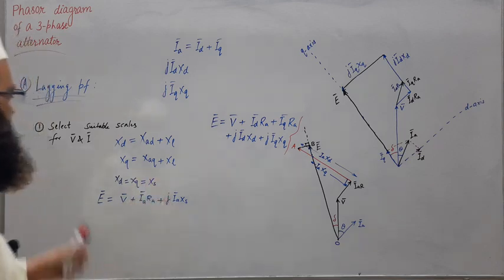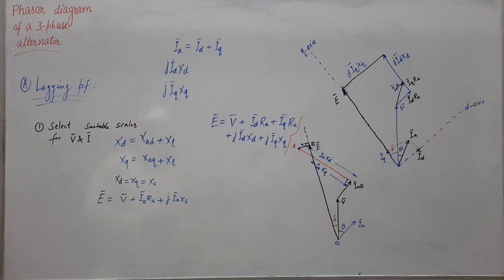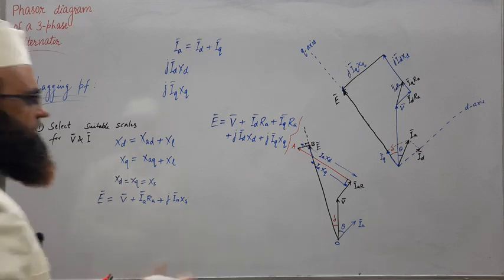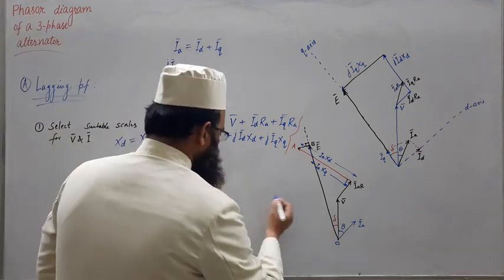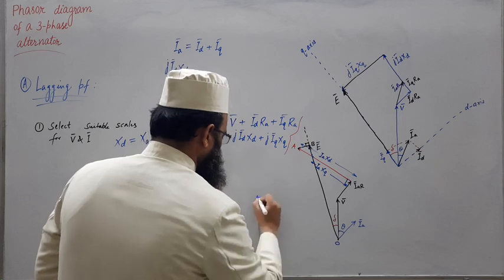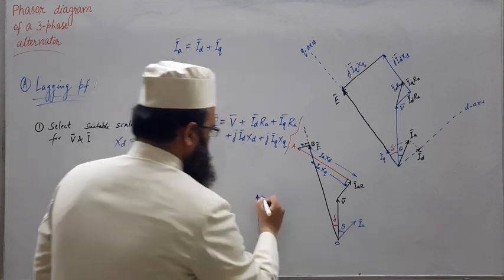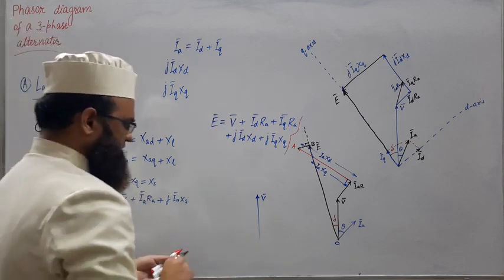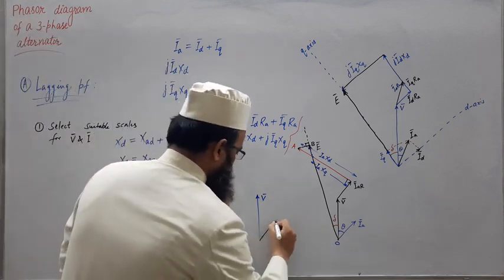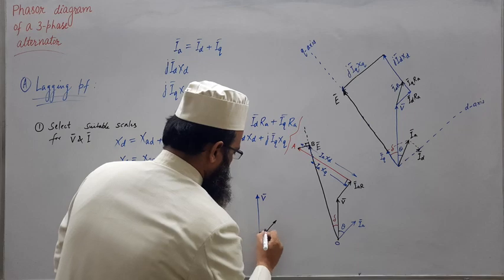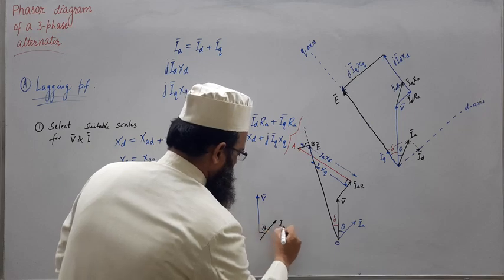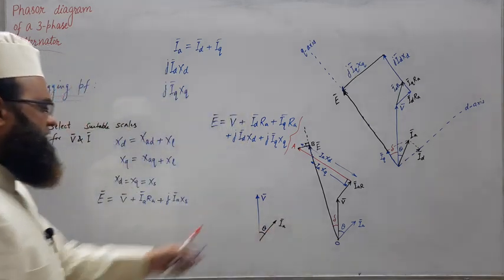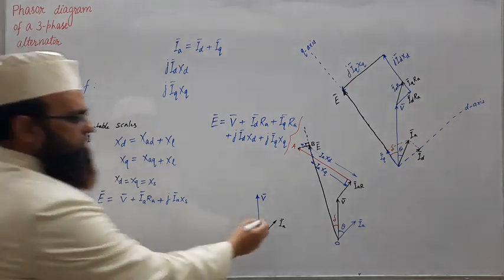So for cylindrical rotor alternator we may draw like this. Let us draw V somewhere here. This is V, and we have taken lagging power factor case. So let us take current lagging by some angle theta, IA. So from here draw IA array parallel to IA.